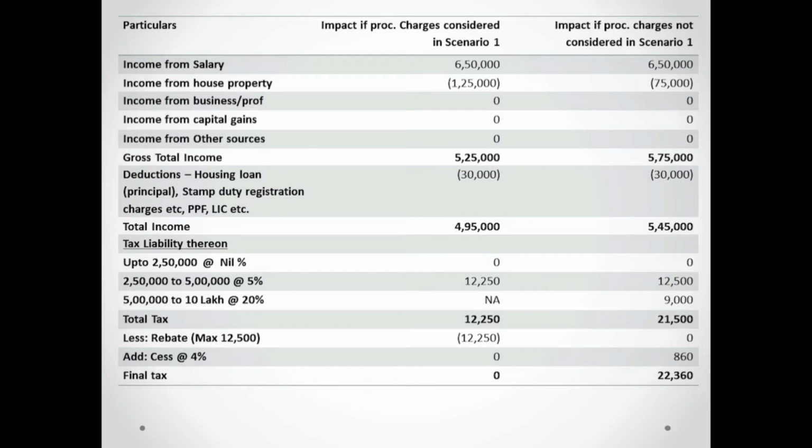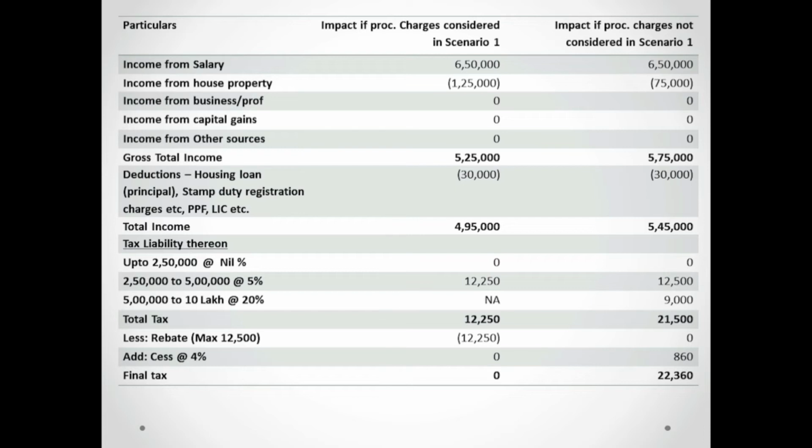So gross total income is 5,25,000 and 5,75,000, then 30,000 each you are claiming as deduction for the principal amount of loan or whatever it is under 80C. So 4,95,000 and 5,45,000. In the first scenario, your tax liability comes up to 12,250 on the application of the slab rates, and there will be a rebate of 12,250 rupees, because the maximum rebate allowable is 12,500, and since here it is 12,250, it is fully allowable, so tax payable is nil.